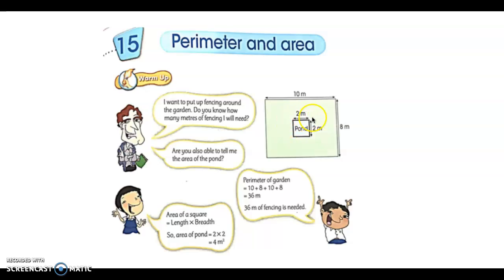Area means multiplying the length: for square, multiplying the length, and length and breadth for rectangle. We will do it later. So you can say perimeter is about adding, area is about multiplication for now. This is the correct formula for area of square, length into length, that is 2 into 2, 4.